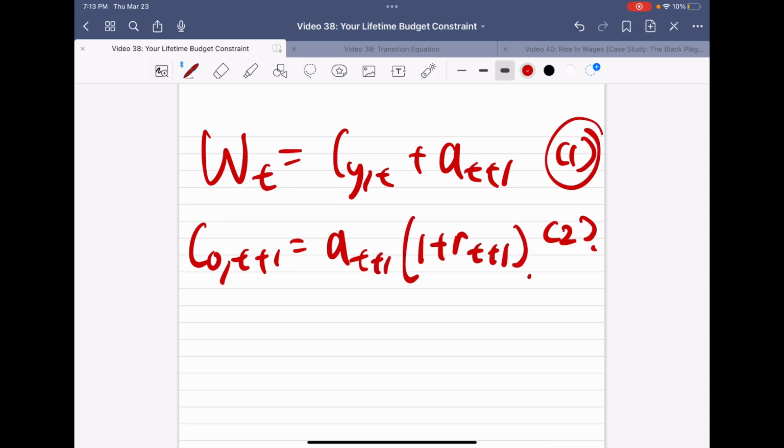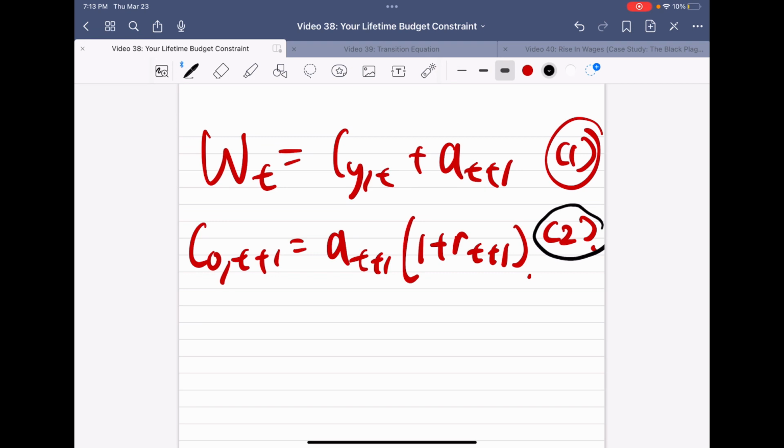How do we combine them to make our lifetime budget constraint? The intuition is it wants to present our basic trade-off. It wants to see what the trade-off is if we consume more when we're young and when we consume more when we're old. But before we get to that, let's see how we can manipulate the equation.